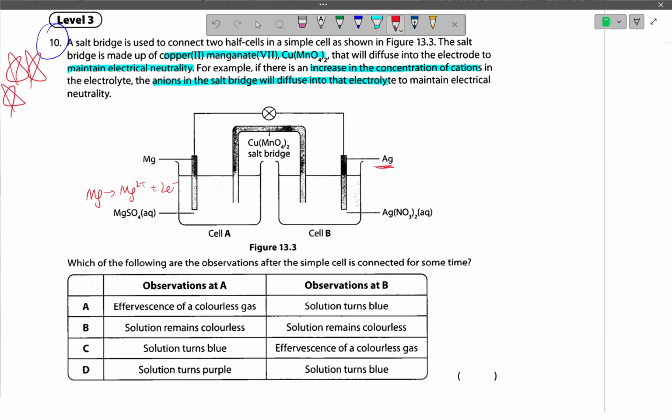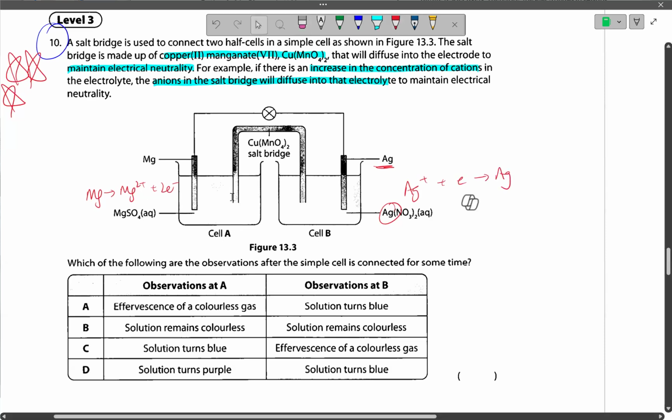Nothing happened to my silver electrode. It is my anion that will form the metal itself. So one side will be having more cation, one side will be having less cation. All right, so let's see what the observation will be after connecting for some time. Imagine there's an increase in concentrated cation, the anion will flow in. But you know that manganate is purple.